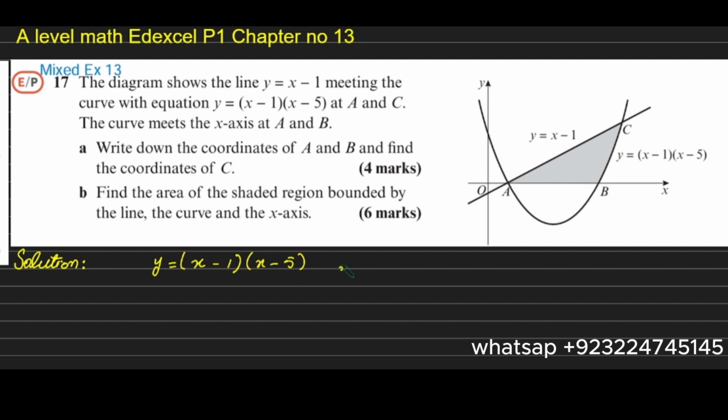This is the equation of the curve, and y equal to x minus 1. This is the equation of the line.